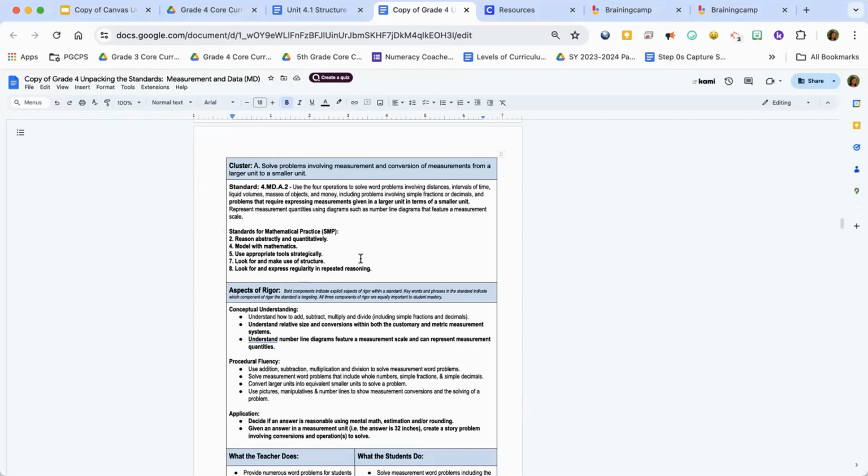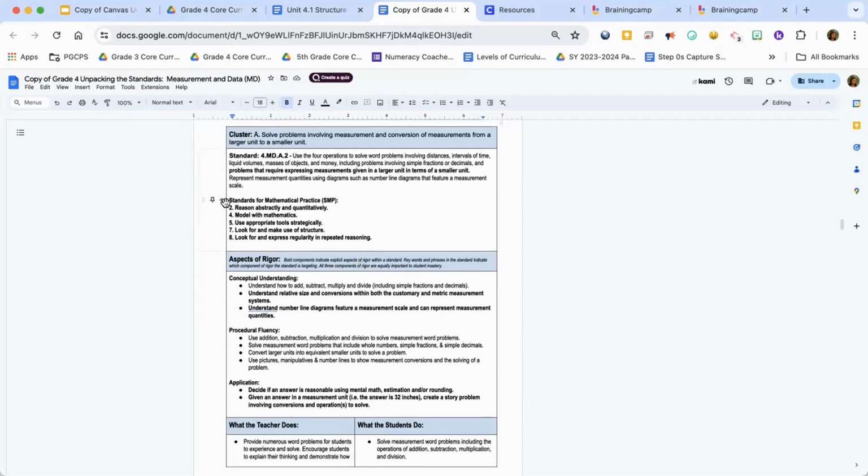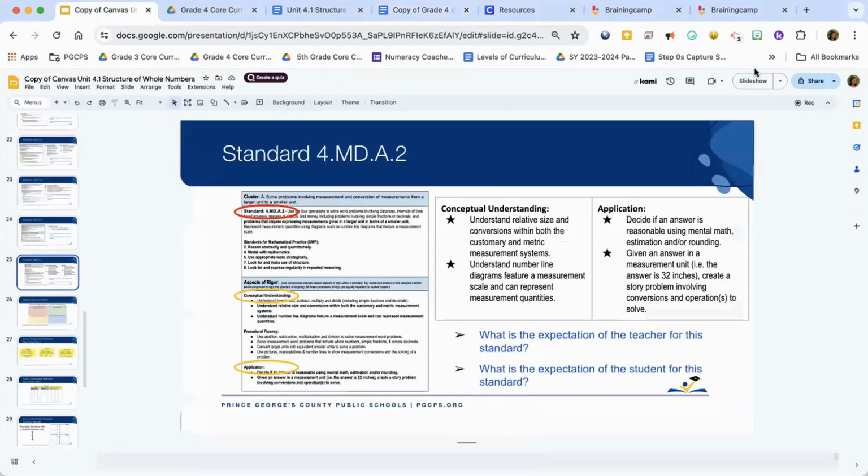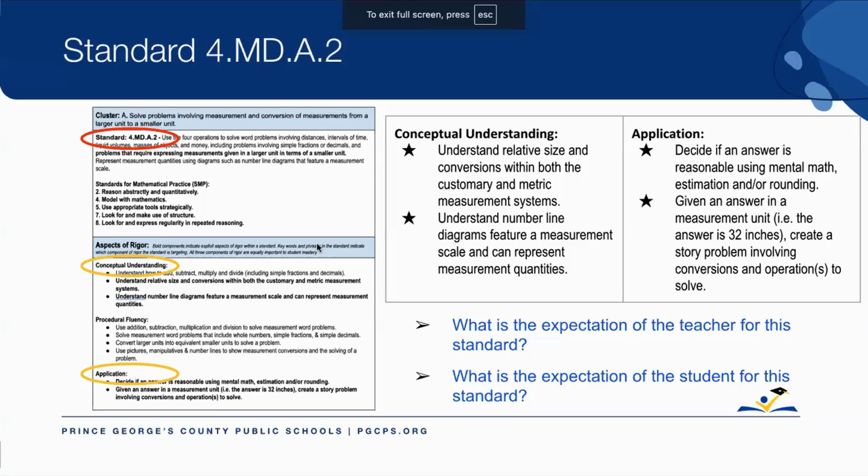For this one, we're looking at SMPs 2, 4, 5, 7, and 8. Conceptual understanding. Understand relative size and conversions within both customary and metric measurement systems.